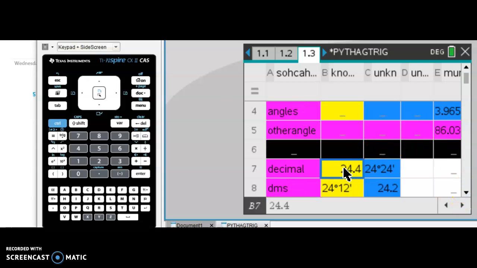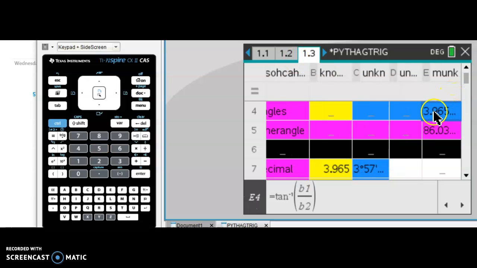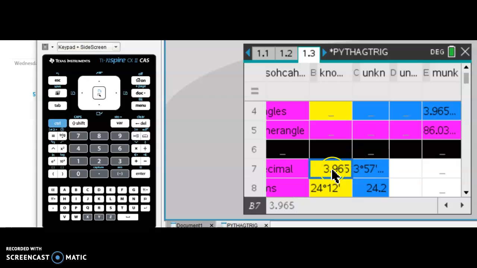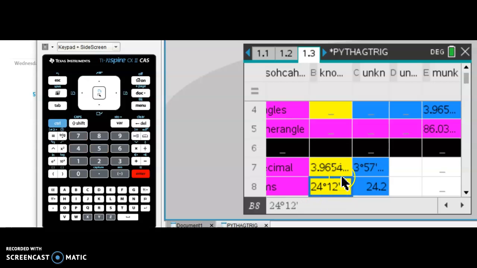Let's have a look. 3.965457. Press enter, and in degrees you can see we have 3 degrees, 57 minutes, 55 seconds.